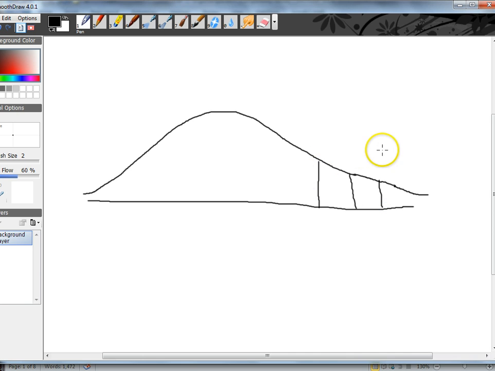Let's suppose this area is 0.10, this area is 0.05, and this area is 0.01. What will be the corresponding value here? And we know how to get this number.